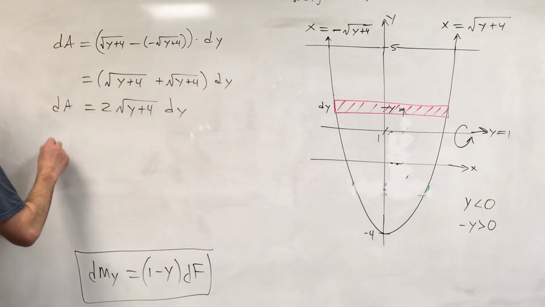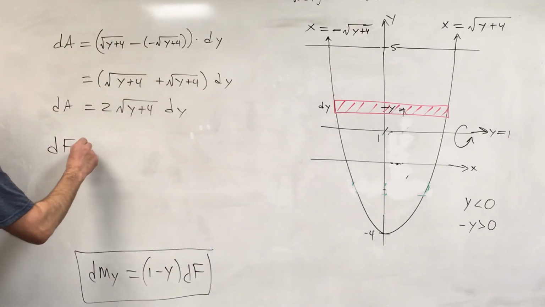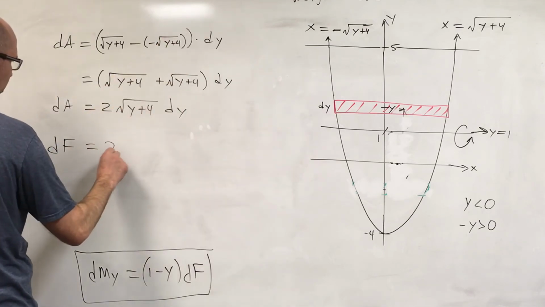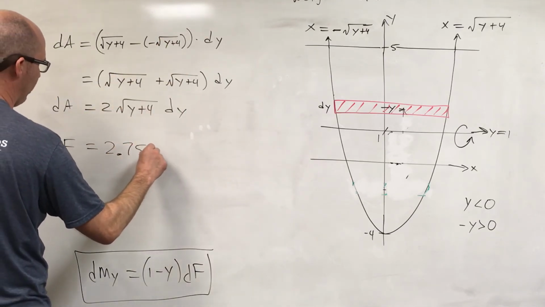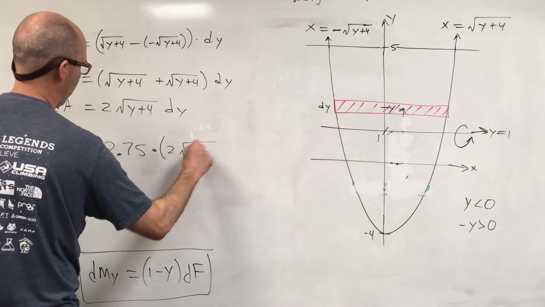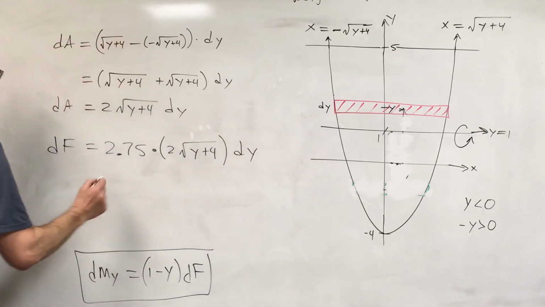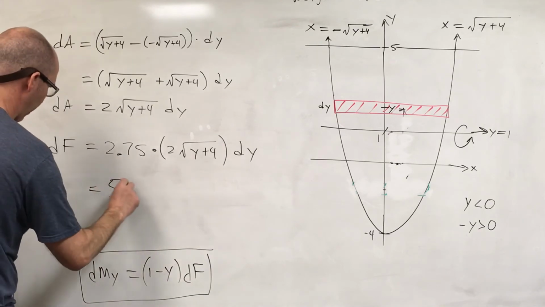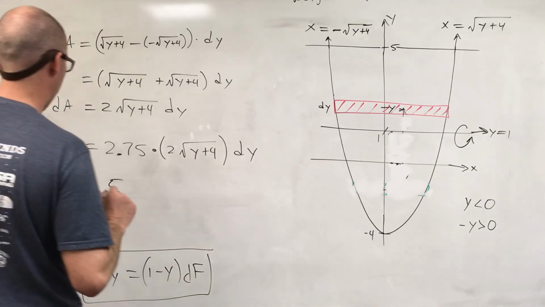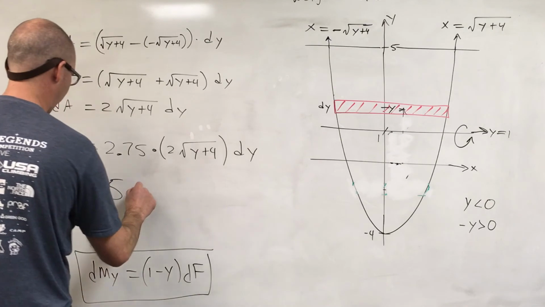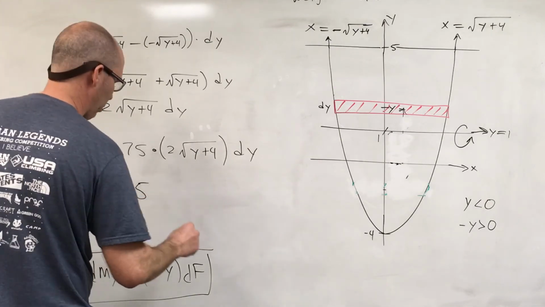All right, so then dF is now my weight, 2.75 times 2 root y plus 4 dy. So that's 5.5. What's that, 2.75?